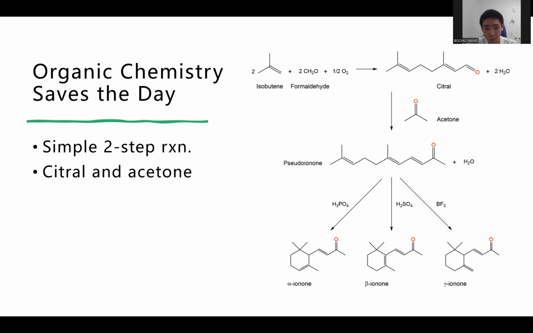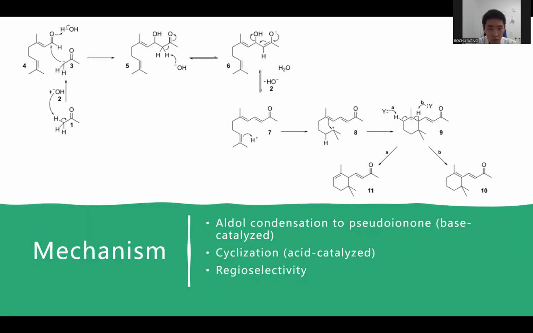And the mechanism is even more beautiful, which involves an aldol condensation as the first step, and a cyclization or ring closing mechanism as the second step. In the first step, you will have the acetone first deprotonated by the base catalyst.